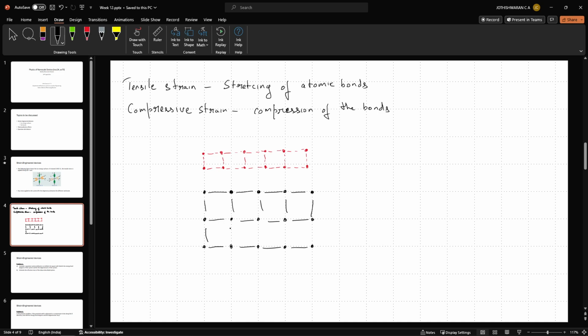Yeah, so we have the bonds over here. The point is, when deposition occurs, essentially, when I say deposition, what I mean is red on black.